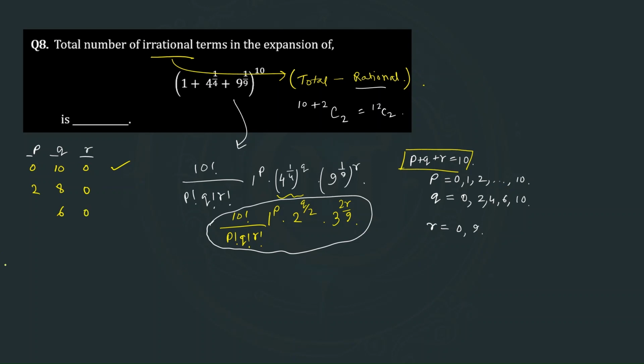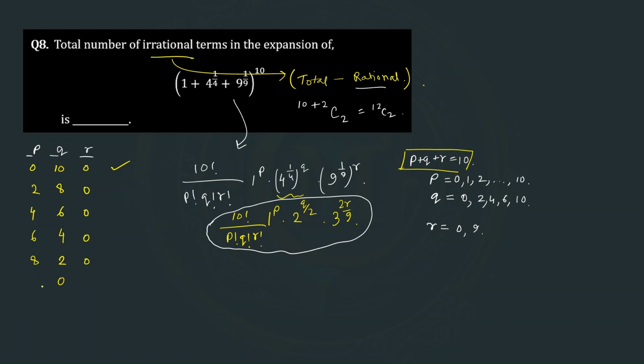So R should be 0 and P should be 4. Similarly, let us take Q equal to 4. So Q equal to 4 means P plus R should be 6. So R is 0 and P is 6. Similarly, Q equal to 2, then R should be 0 and P should be 8. And then Q equal to 0, then P plus R should be 10.